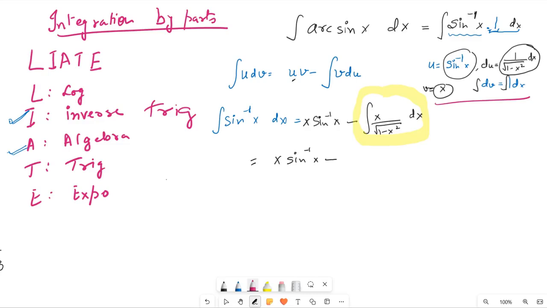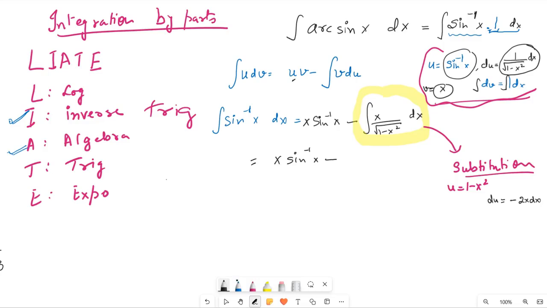So I'm going to assume, forget about the previous u here. For this part, we need the substitution method, the u sub method. So I'm going to say u is 1 minus x squared here. Okay. Then what is du? Negative 2x dx. We already have x dx in the question.